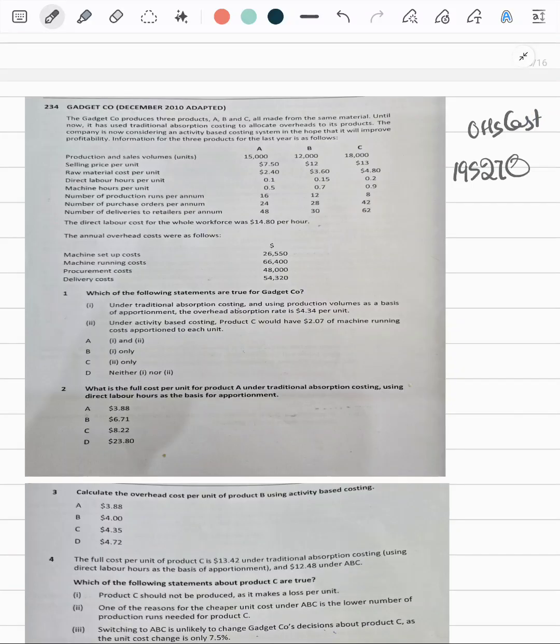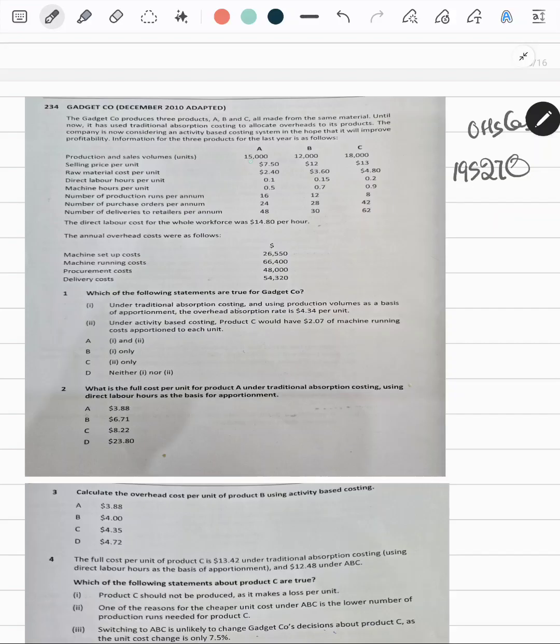Now to evaluate whether this first statement is correct or not, I'll have to divide the total overheads by the volume. So what is the volume?